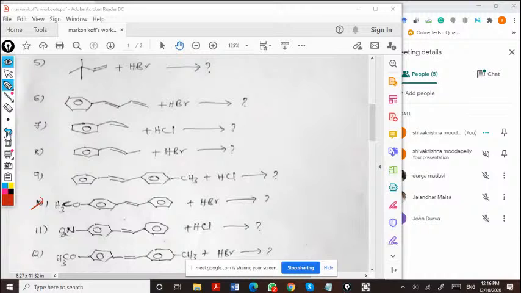So I think I should not write it out. This can be written as pi. Okay, so this is pi. This can be written as phenyl shortcut. So pi OCH.